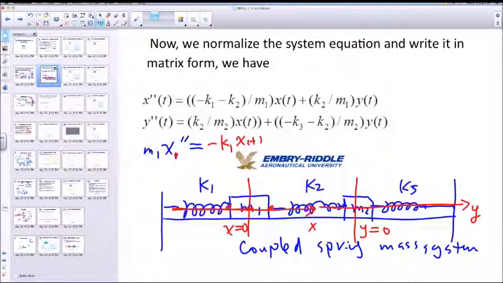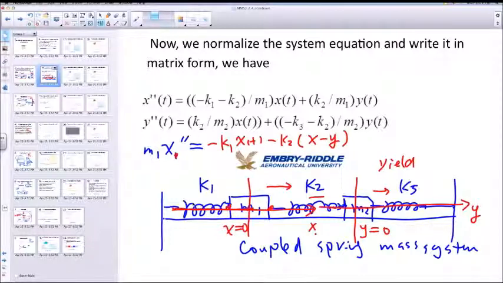This X moves rightward, and then the spring K2 will push it backward. But push how much? It's not exactly X, because Y could move the same way, could yield a little bit like this. And then your real moving distance is going to be X minus Y, depending on how much Y moved away.